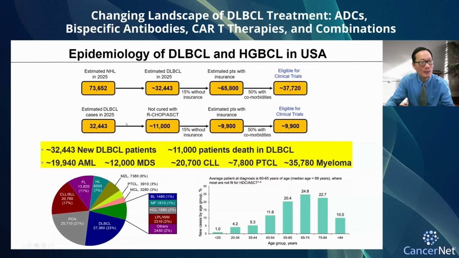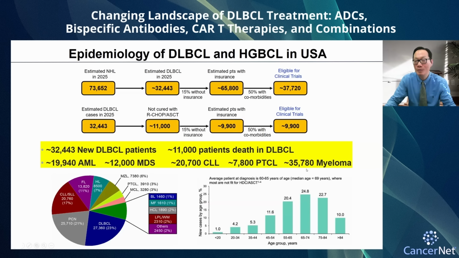When we look at epidemiology in the United States, we probably see all lymphomas at around 75,000. Of those, 30% are DLBCL or high-grade B-cell lymphoma. The death rate is around 30%. The frequency of DLBCL is higher than any other hematological malignancy, including AML, MDS, CLL, T-cell lymphoma, or myeloma.